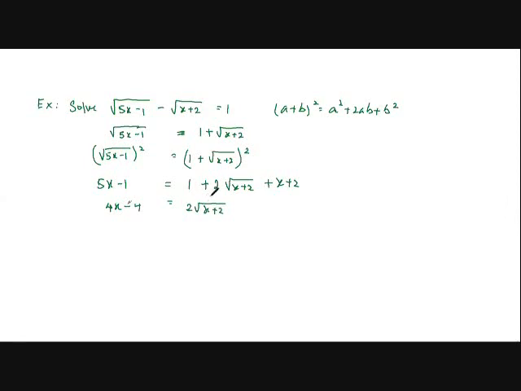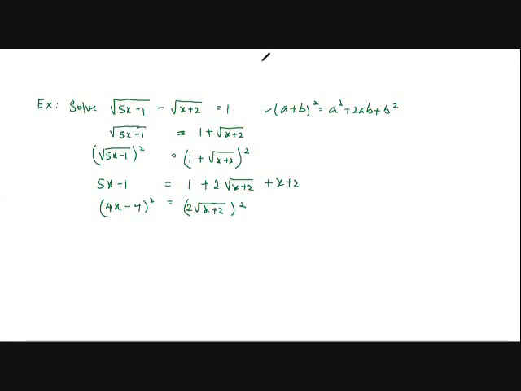And what do we have to do next? Still go on. So square both sides again. Then use the formula. On the left hand side we use the formula. Or before that, maybe you can simplify, right? Because 4, 4 and 2.